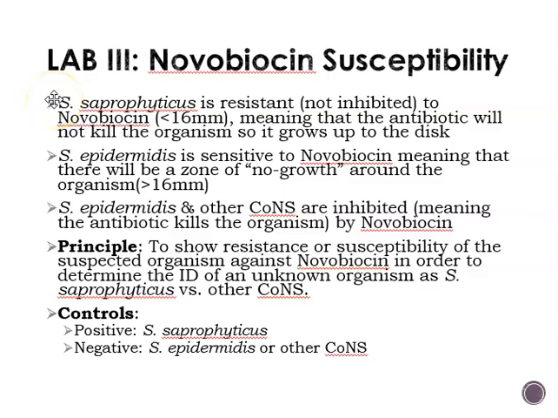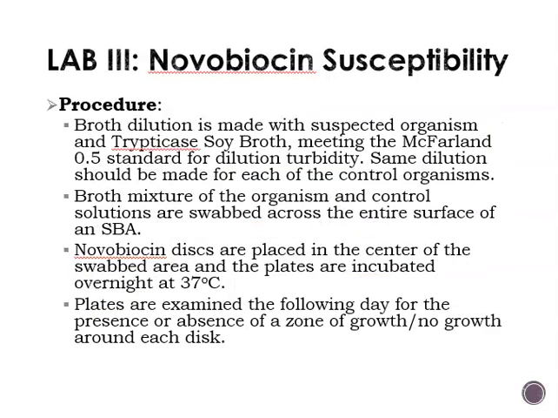So if we recover it, most likely it's going to be recovered from urine cultures. We would need to identify and report it out. But as mentioned previously, the other coagulase negative staphs could potentially be pathogens. It would just be in immunocompromised folks. So there's the procedure for that.